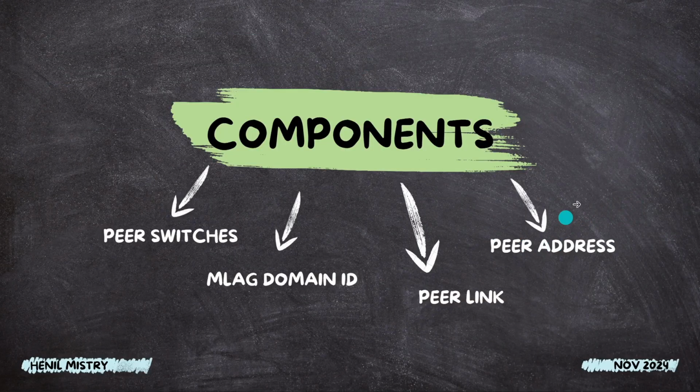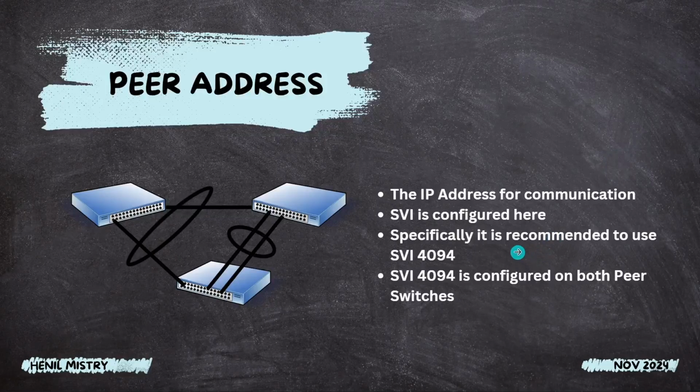And the last one is peer address. Peer address is the IP address for the communication. Let's say we have configured MLAG, so there will be one interface, and generally it is an SVI, switch virtual interface, and it is also recommended that we use SVI 4094 while forming an MLAG, on both the switches.